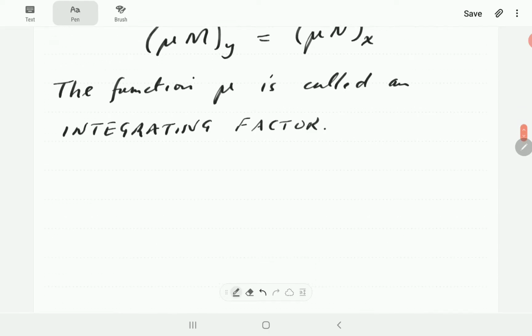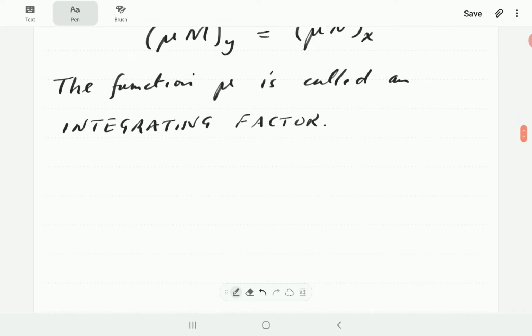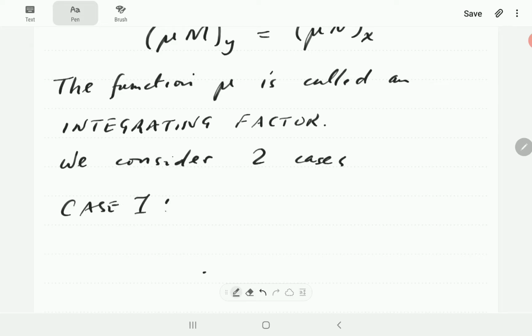All right, I'm going to consider two somewhat special cases for the purposes of this video. In case 1, we consider the case where mu is a function of x only.